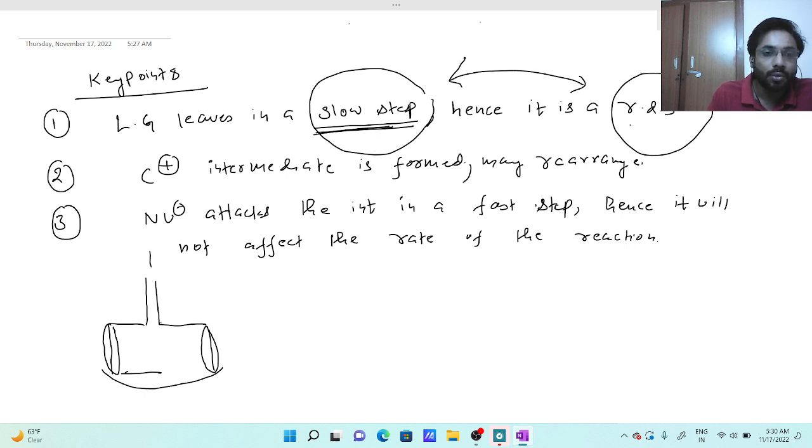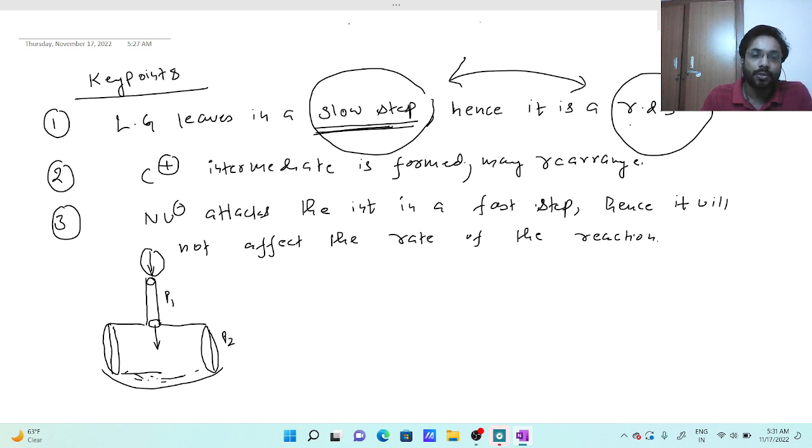This is the source of water. From here water is flowing in the narrow pipe, and then it is entering this bigger pipe, and we are collecting water over here. Let's say this is pipe number 1, this is pipe number 2.